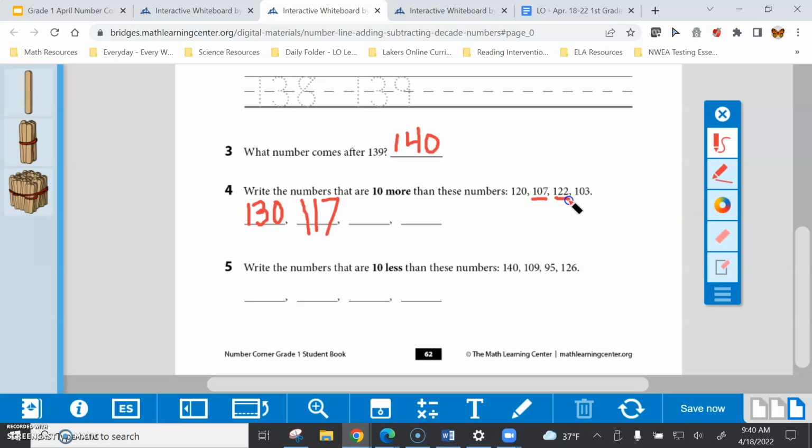And then the next one is 122 plus 10. So we have 122. We're going to add on 10 more. 123, 124, 125, 126, 127, 128, 129, 130, 131, 132. That's 10 more.